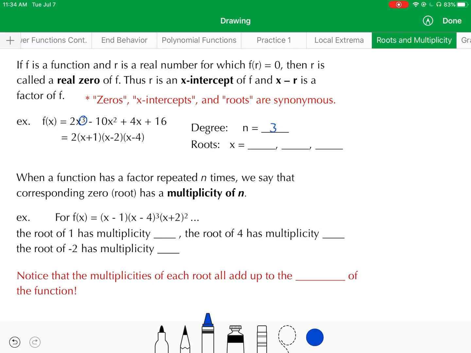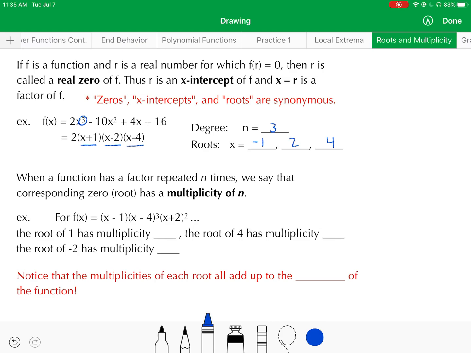And then the factored form is really good for identifying the roots, okay? So we know if I take each of these factors and I set them equal to 0, they're going to lead us to our roots. They would be at x equals -1, 2, and 4, okay?